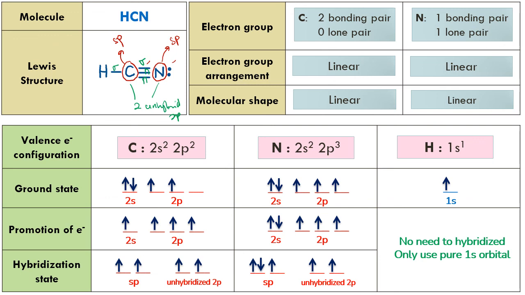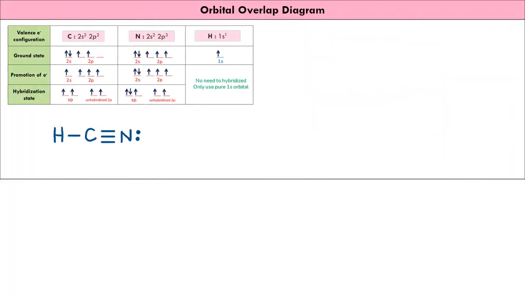Now let's take a look at the orbital overlap diagram. Okay, so all the information that we need. Okay, so saya tulis dulu kat sini. Okay, so ni tadi kita punya carbon. Okay, adalah sp. Nitrogen pun adalah sp. Okay, ada sigma, pi.